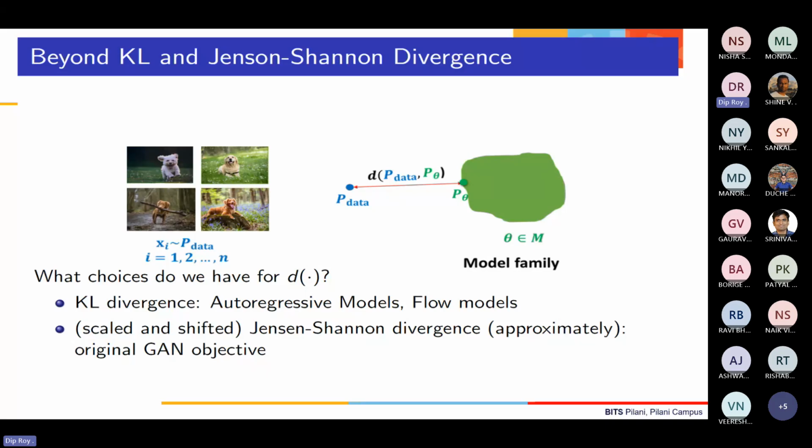So what choice do we have for this divergence or distance? KL divergence we used in autoregressive models and flow models, and a scaled and shifted Jensen-Shannon divergence in the original GAN objective, right?